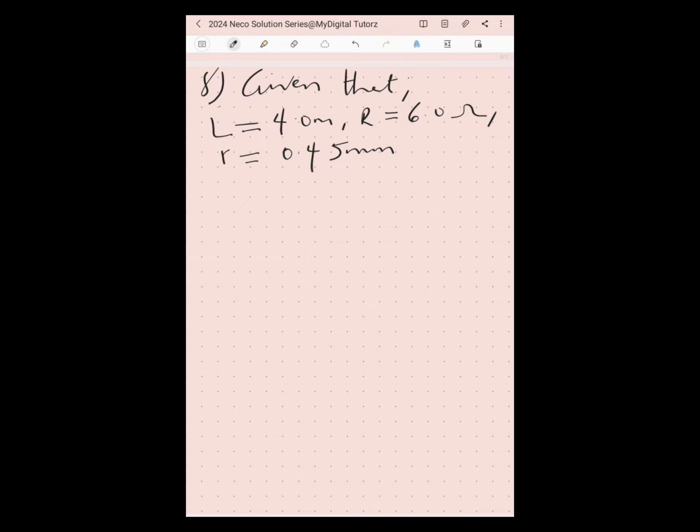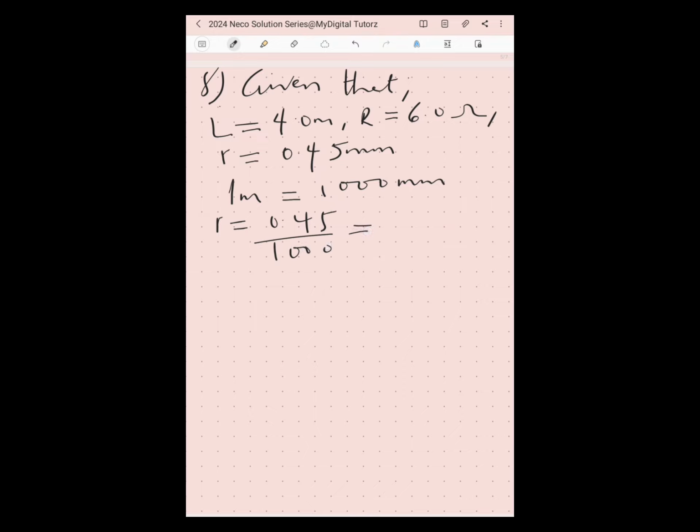Since this is in millimeter, we have to convert to meter. Converting 0.45 millimeter to meter, remember you have 1 meter is equivalent to 1000 millimeters. So converting to meter, r will be equal to 0.45 all over 1000.